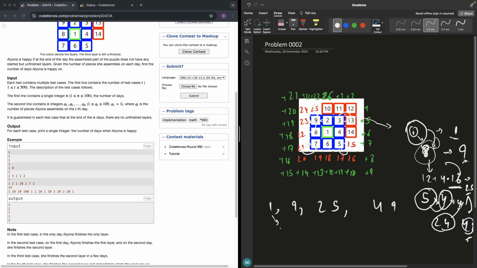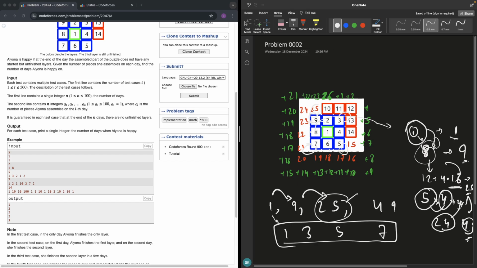Means their square roots are 1, 3, 5, and 7. These are odd numbers' perfect squares. So we only have to check that the summing part of that array is a perfect square. First condition, it should be a perfect square. And the second condition, it should be odd. So that's the main crux of this problem.